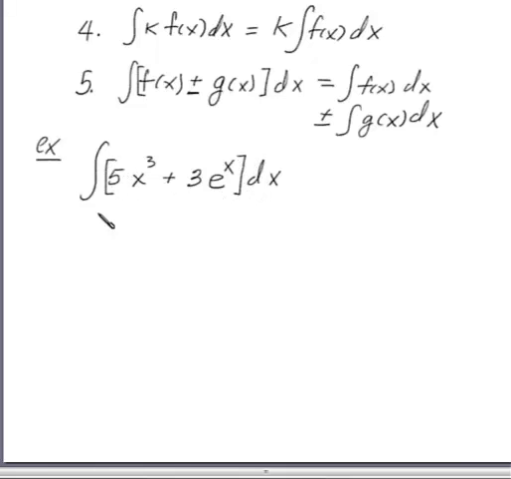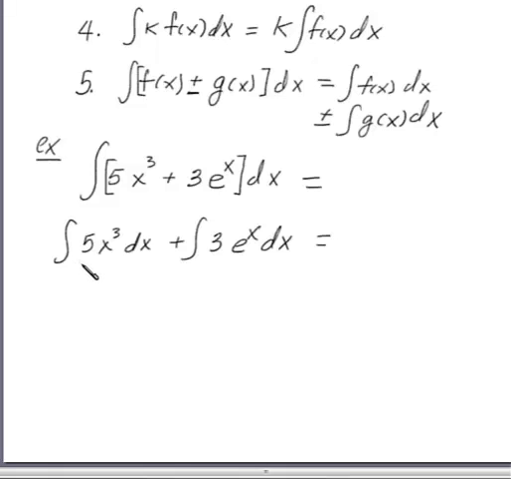Well, the first thing I observe is that this is equal to the integral of 5x cubed dx plus the integral of 3e to the x dx. So now I've got not one big problem, but two smaller problems, and both of these are going to be quite easy for us to accomplish.